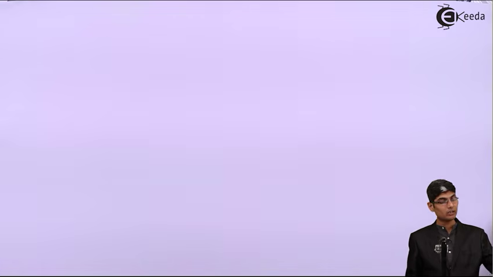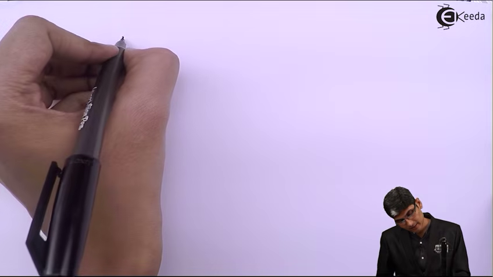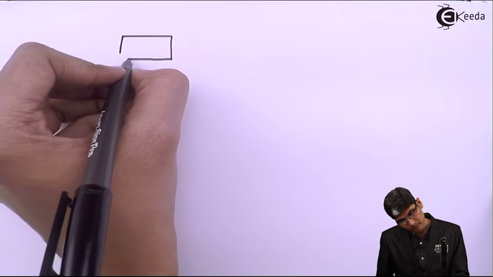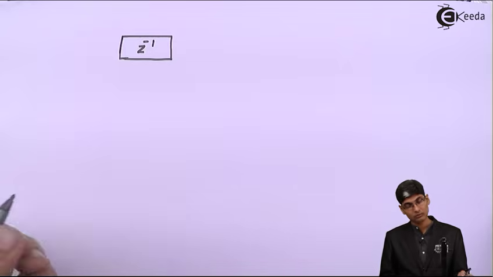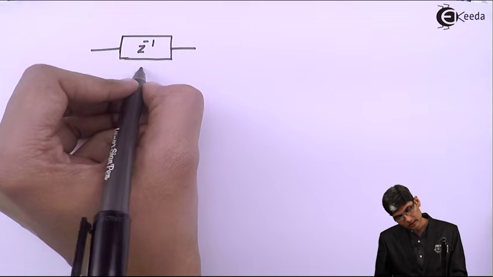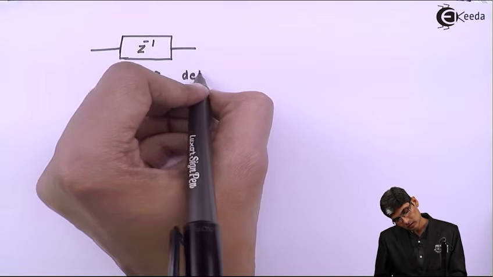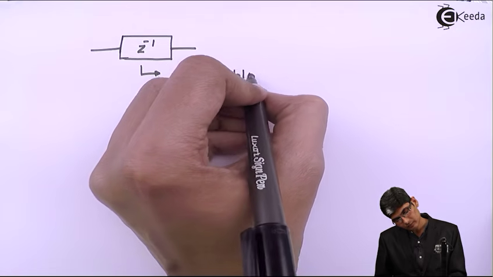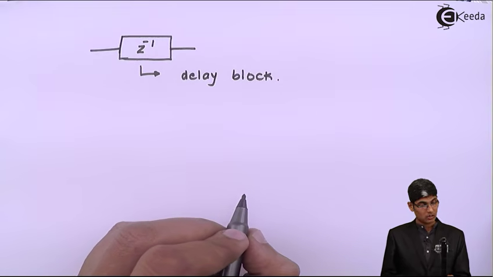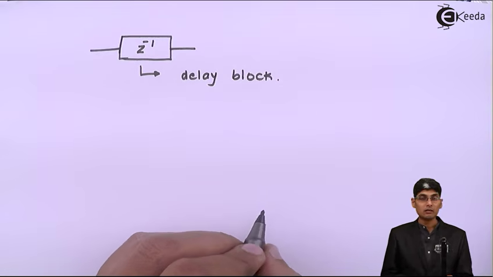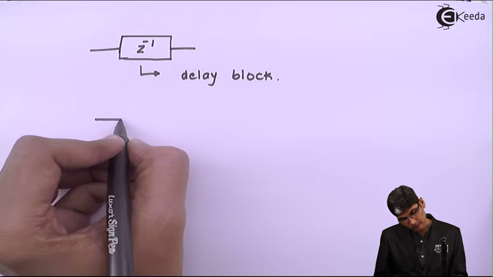For delaying, we know there is one digital device which we call a D flip-flop, but here instead of calling it a D flip-flop, I will call this device a delay block. The delay block is denoted as z inverse. Okay, then we have to add the numbers, so we want an adder.